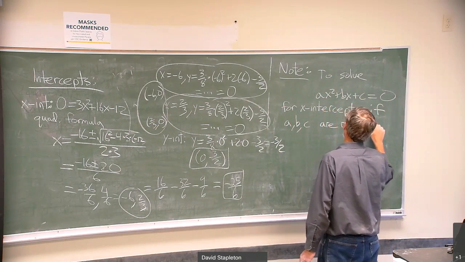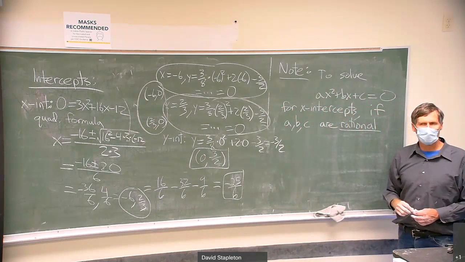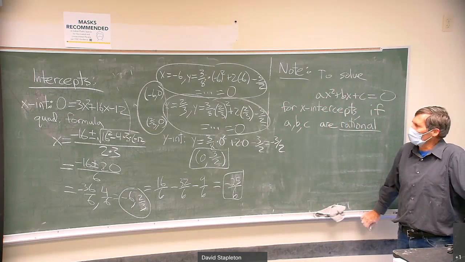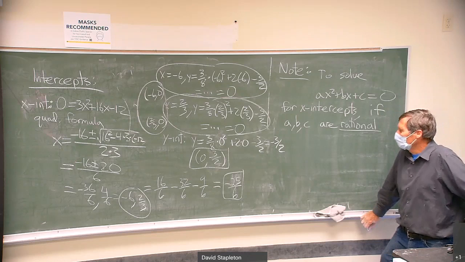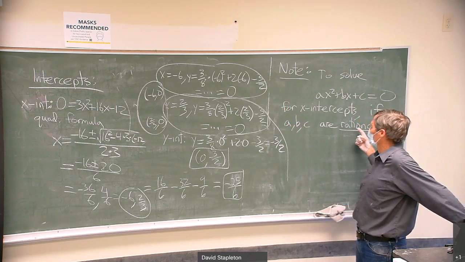What does rational mean? Who knows what rational means? We've mentioned this before, but if you don't use it, it goes away quick. Rational numbers are numbers that can be written as ratios.